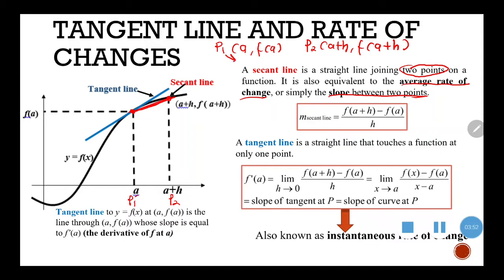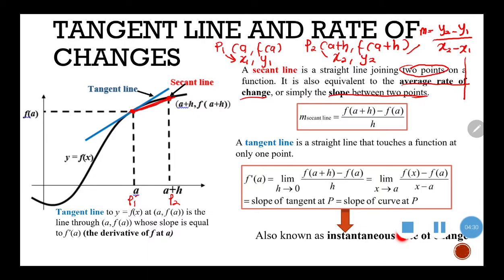Okay, P1 can also be known as what, guys? x1 and y1, and P2 is x2 and y2. So to find m or slope, I'm sure you have learned this in secondary school before, m is y2 minus y1 over x2 minus x1.